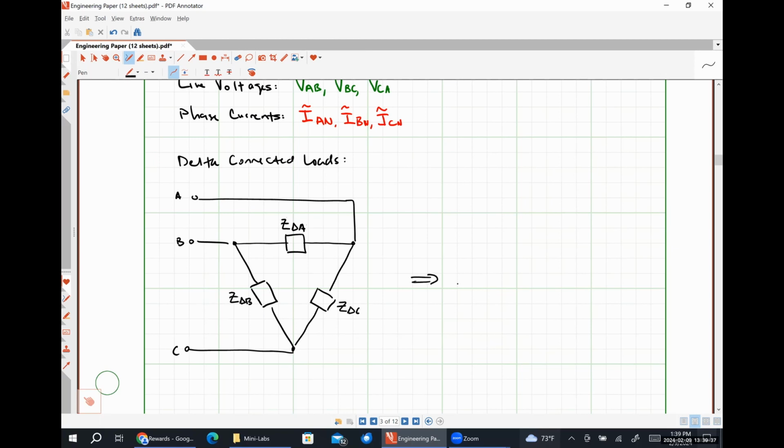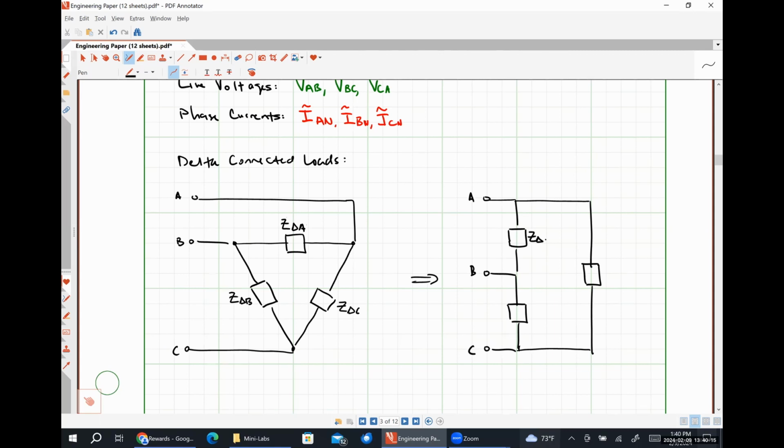Our other representation is going to be something like this. So I forgot to actually draw the impedance. So here's A, B, and C terminals.